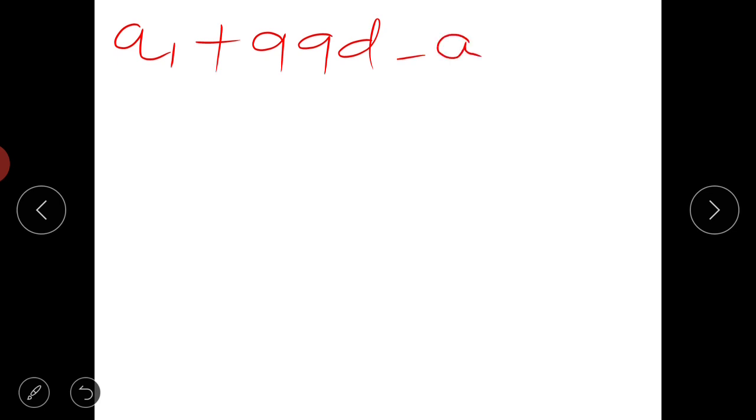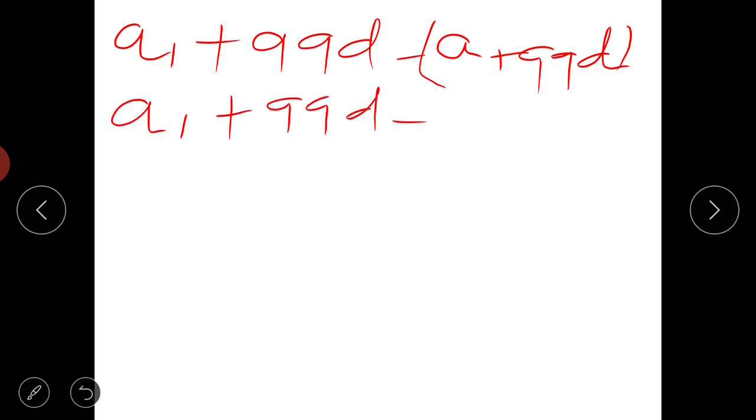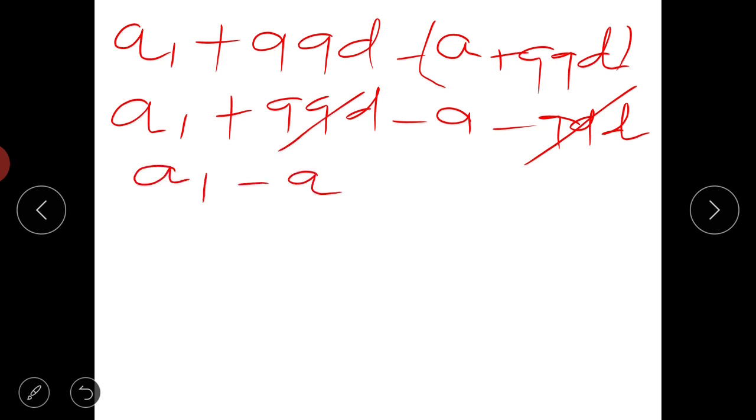The difference is A1 plus 99D minus (A plus 99D). As we open the bracket, we get A1 plus 99D minus A minus 99D. The 99D terms cancel out. What is left? A1 minus A, and the difference is equal to 100.